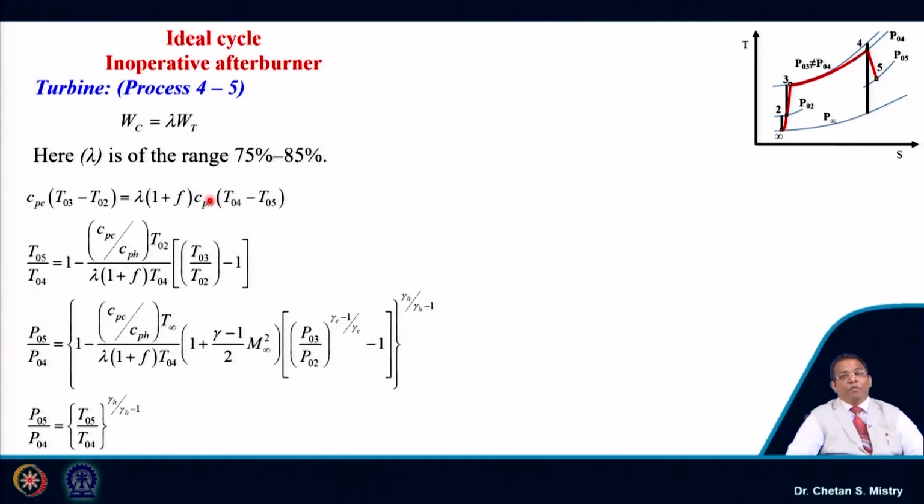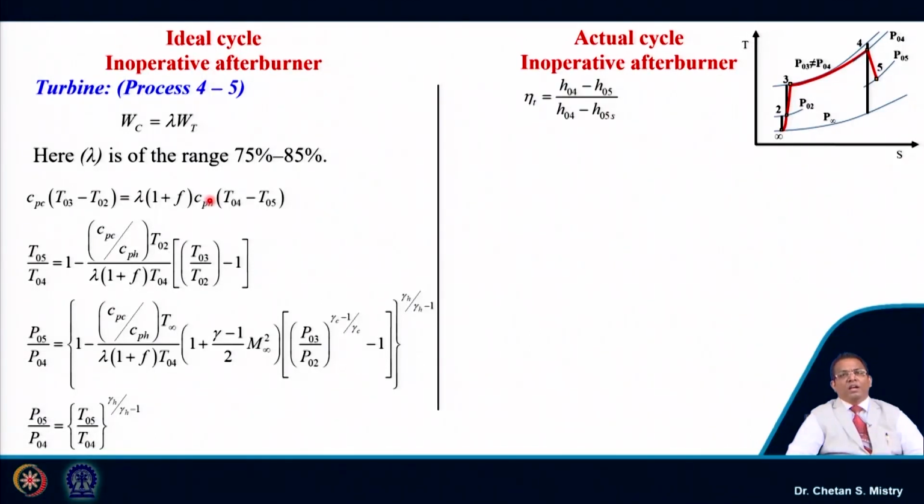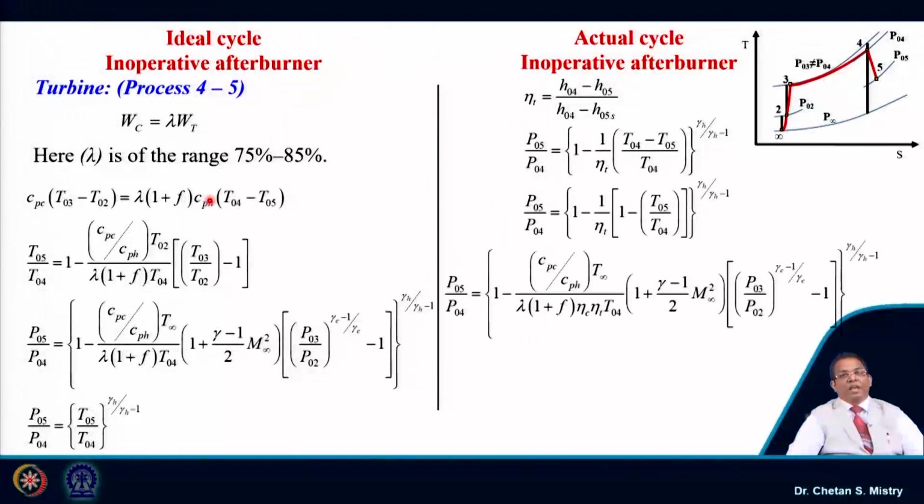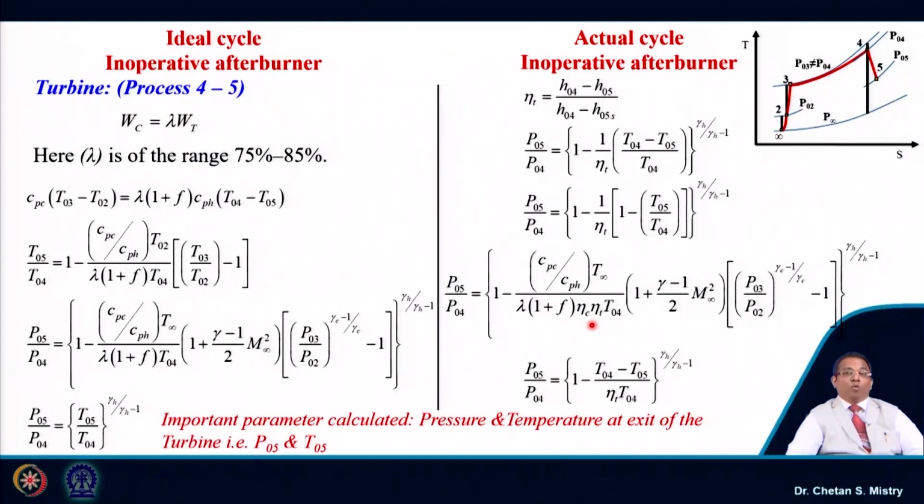If we move towards the actual cycle, we have the parameter called turbine efficiency, and if I use this turbine efficiency, my pressure correlation will change. With the turbine efficiency and work balance, I will have my pressure ratio or expansion ratio, which is a function of my compressor efficiency and turbine efficiency. So, we can calculate our outlet pressure and outlet temperature based on this analysis.